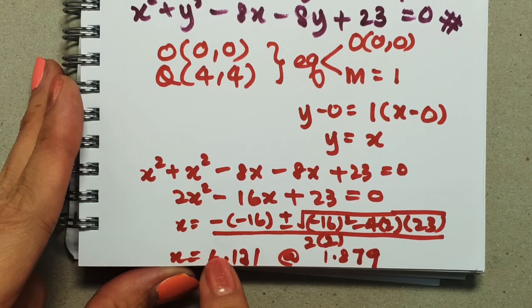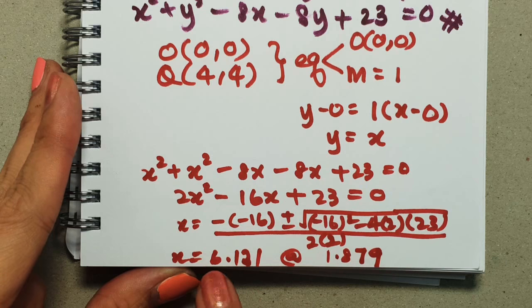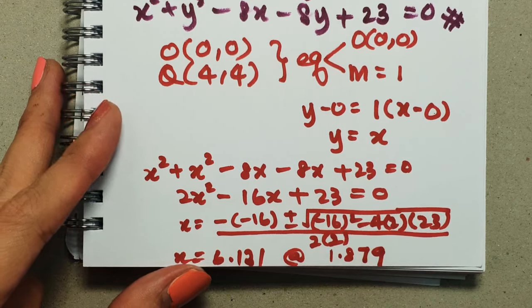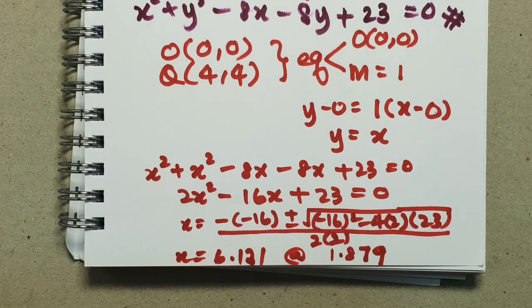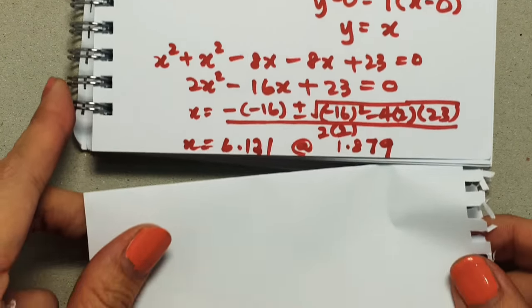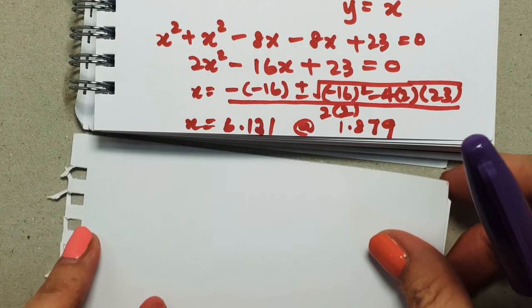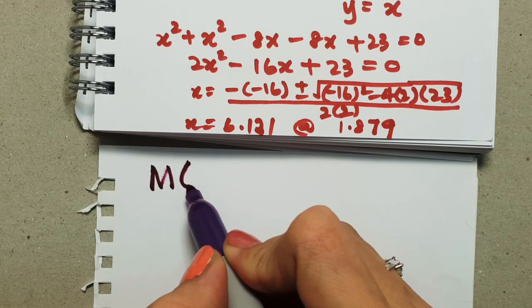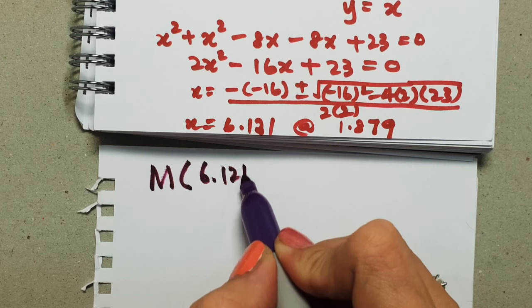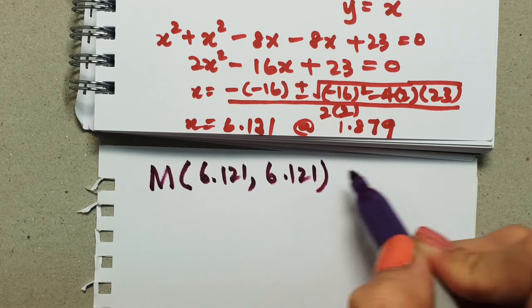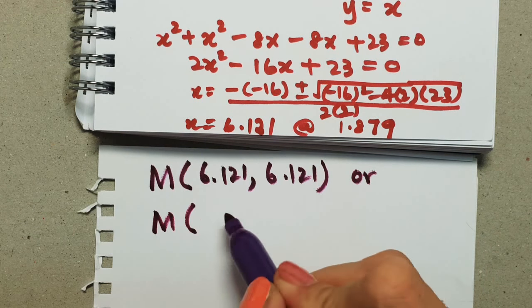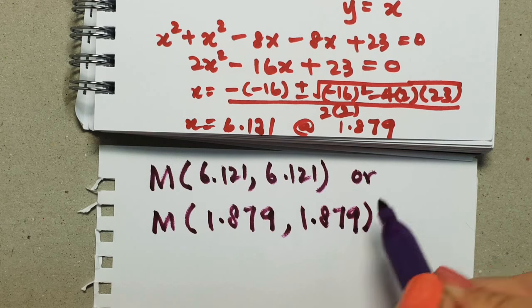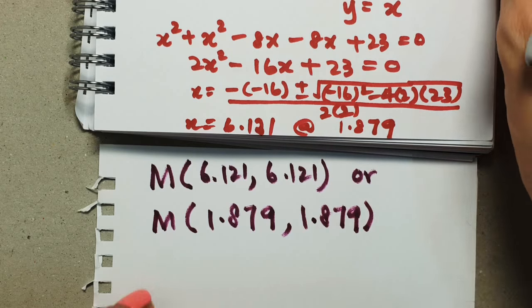So if x is 6.121, therefore y will also be 6.121, and so on for the other one. So my coordinates of M will be (6.121, 6.121) or (1.879, 1.879).